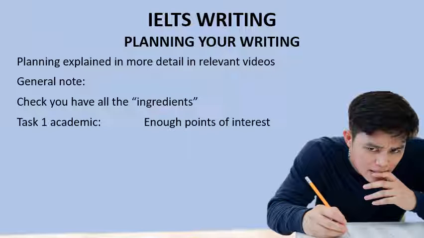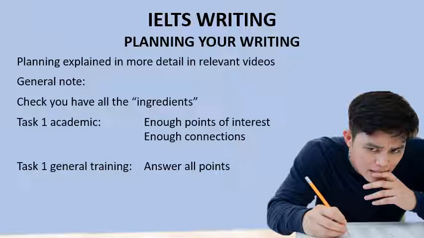So this means for Task 1 academic module, you need enough points of interest from the graphs, and you need to make enough connections with all the data. For the Task 1 general training, you need to answer all the points and give extra relevant information.